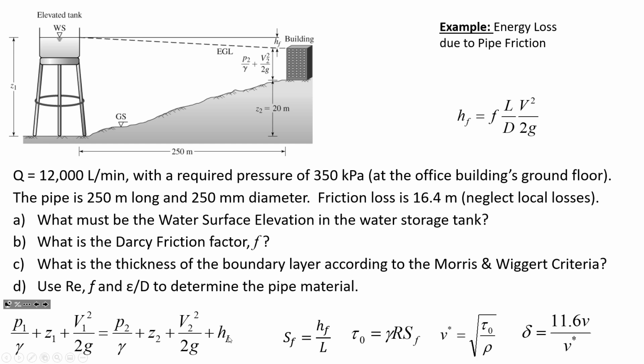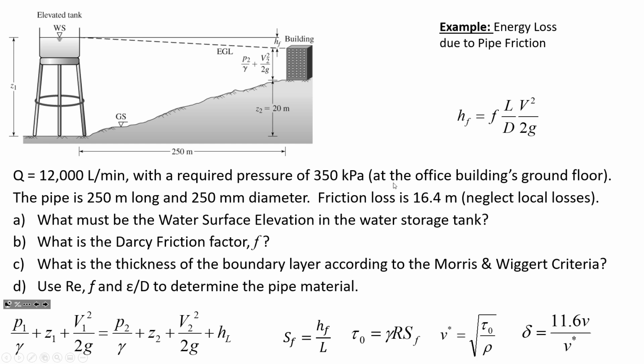And for the head loss due to pipe friction, calculate it with this H sub F formula. Let's see, what else to mention in advance? We know the friction loss is given as 16.40.